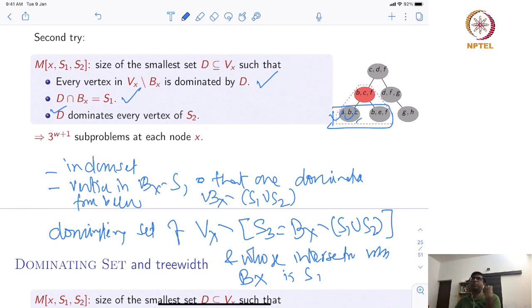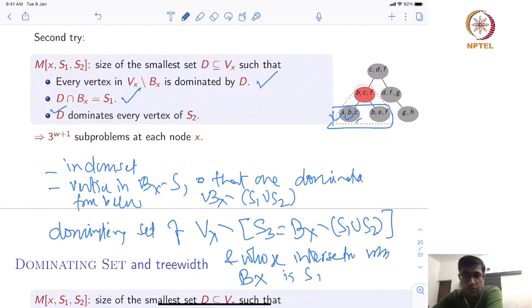So look at the vertices in the bag. Some of them go to the dominating set, some do not, that's fine. But among those, I decide which of them are dominated from below and which will be dominated in the future, by vertices not present in Vx. Once you have made the decision, then you are perfectly fine.